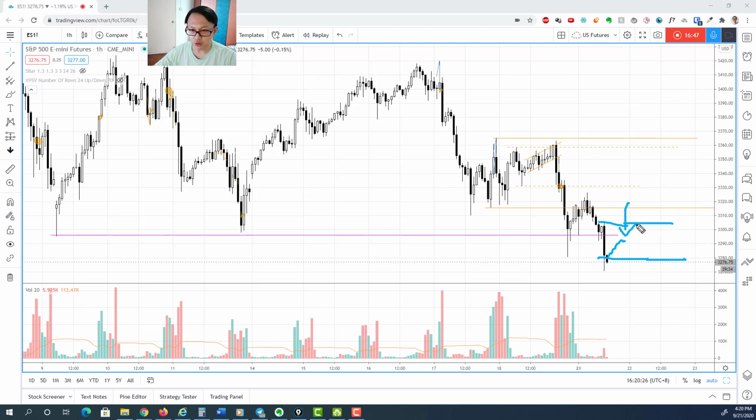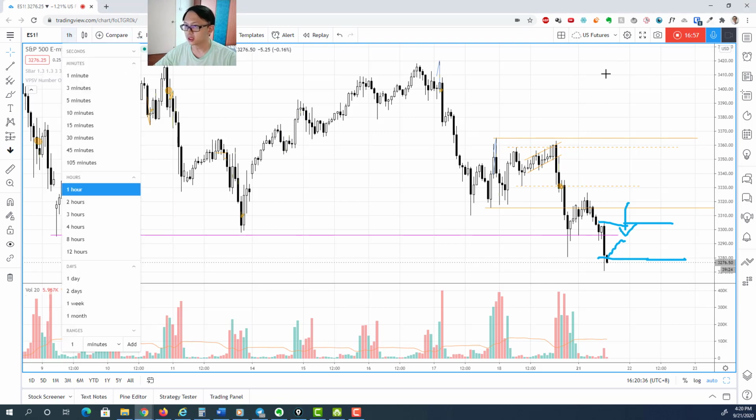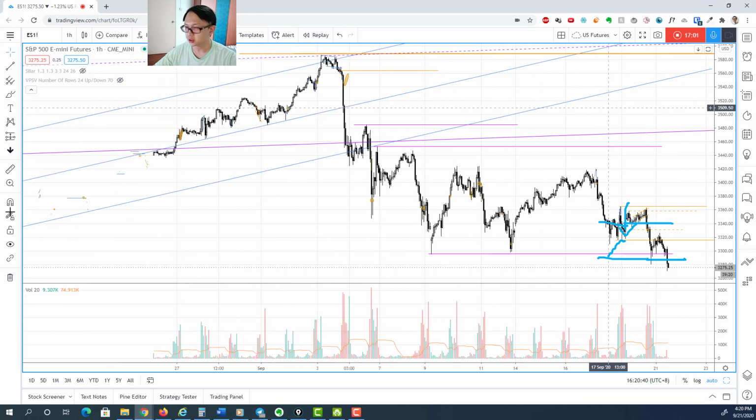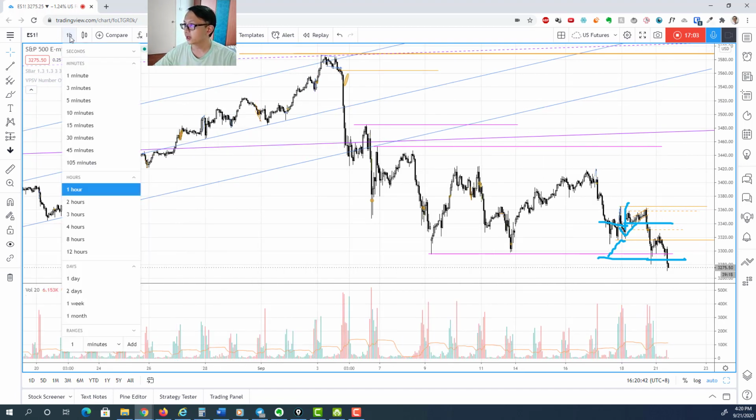Anything showing rejection with a reversal signal could be a good short entry to me. And the immediate support level that I mentioned just now was around 32.30, right at the top of the previous trading range.